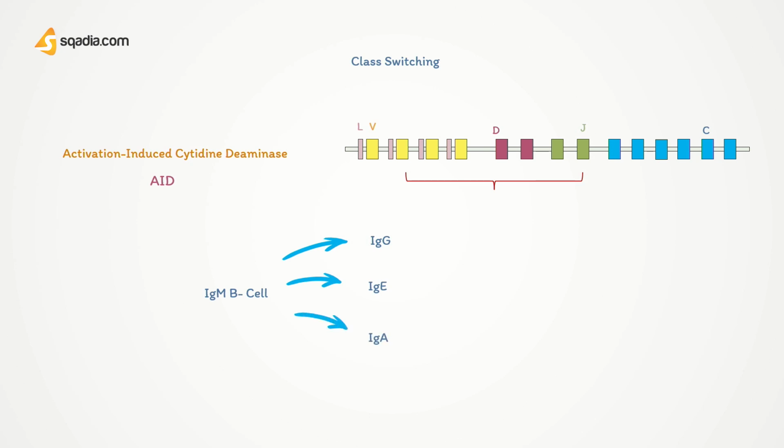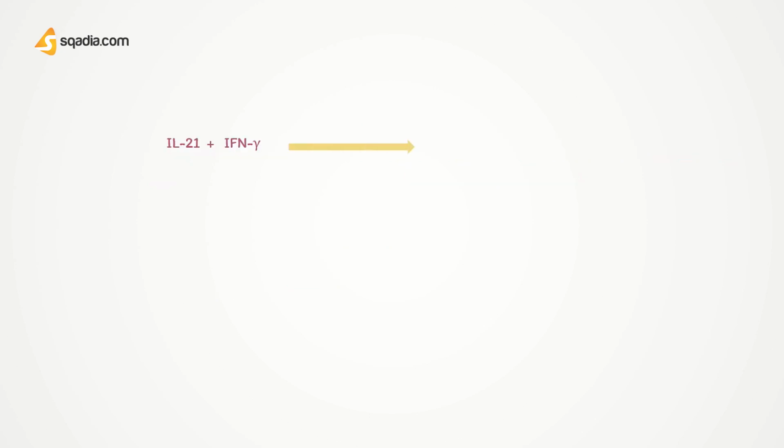The decision of whether to switch to any of these immunoglobulins is based on the cytokine signals that the B cell receives. Keep in mind that interleukin 21 plus gamma interferon exposure makes IgG. Interleukin 21 plus interleukin 4 release makes IgE.